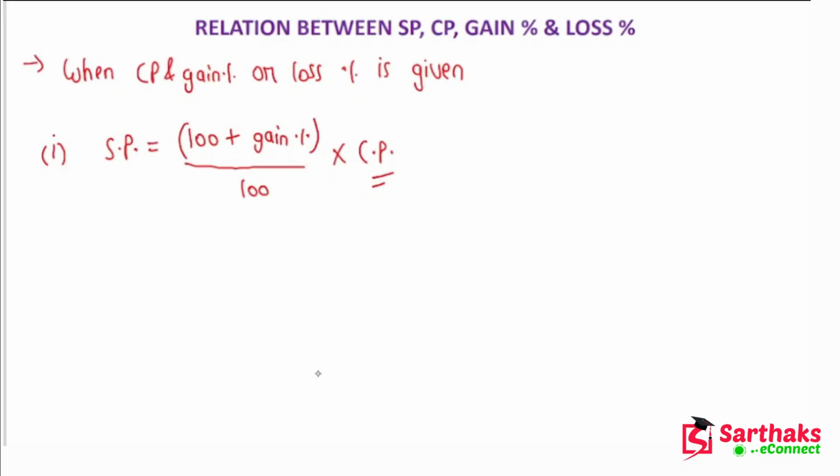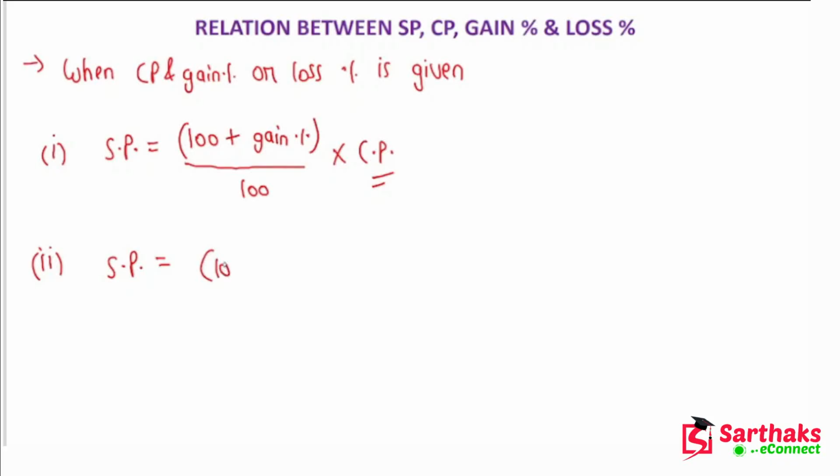Now let me make it easier to remember. Obviously when there is a gain, if gain percent is given, then selling price would be more, right? So to make selling price more, your numerator should be greater than the denominator, and obviously it is calculated on cost price. On similar terms, if loss percent is given, then selling price would be less, so the numerator should be less than the denominator.